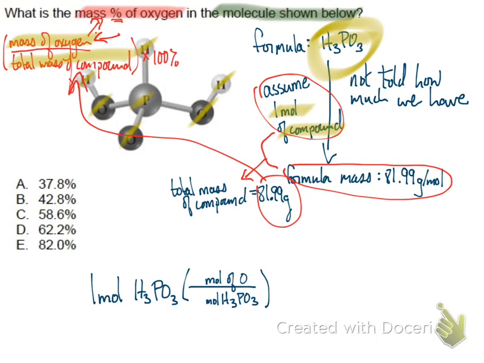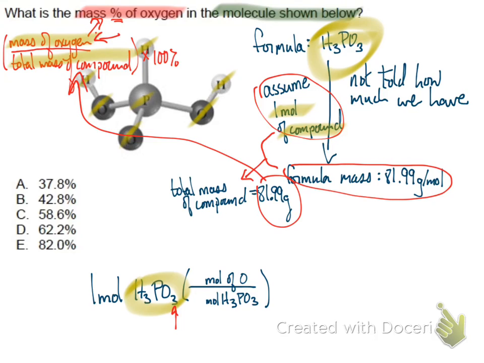And when we look at our formula, what we find is that for 1 whole mole of H3PO3, we're going to end up with 3 moles of oxygen. That's what the formula tells us. It tells us for every mole of that compound how many moles we have of each of those atoms.